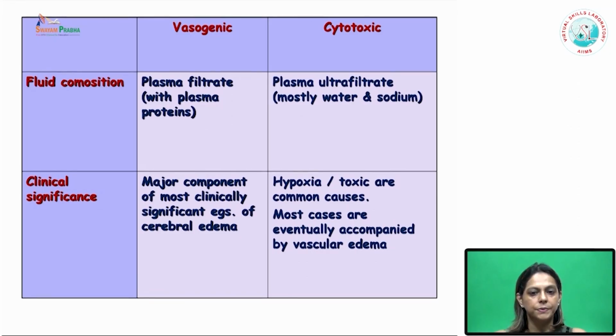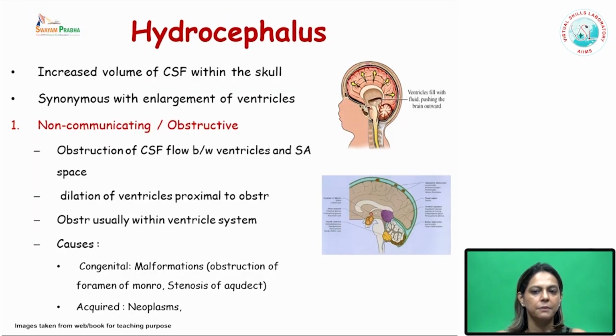Now coming on to hydrocephalus. Hydrocephalus can be of three types. It can be non-communicating or obstructive hydrocephalus, for which the commonest acquired cause would be a neoplasia or a space occupying lesion. And the second common cause is congenital malformation.